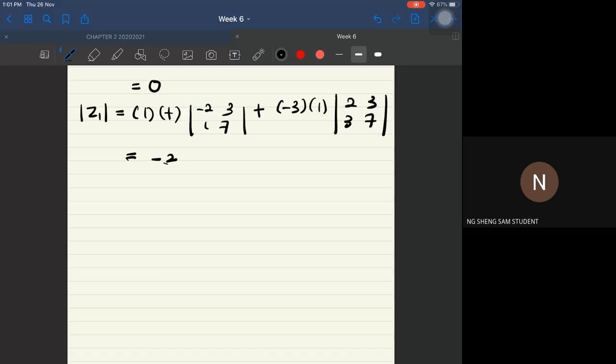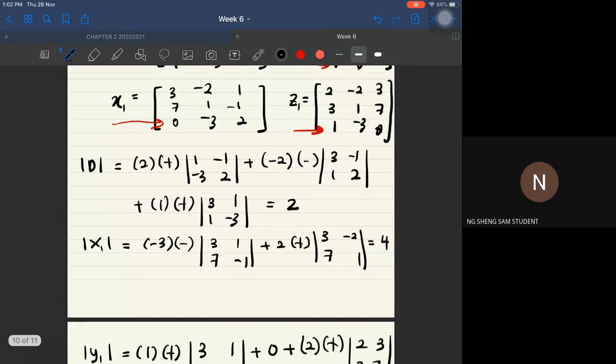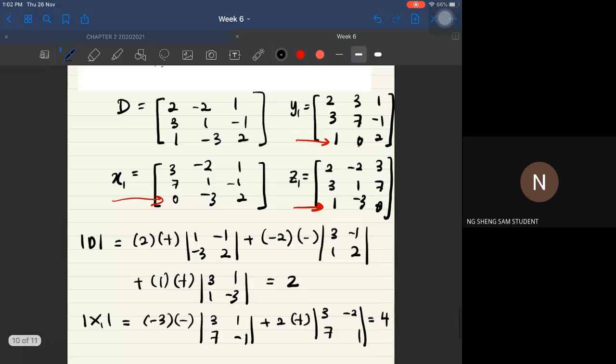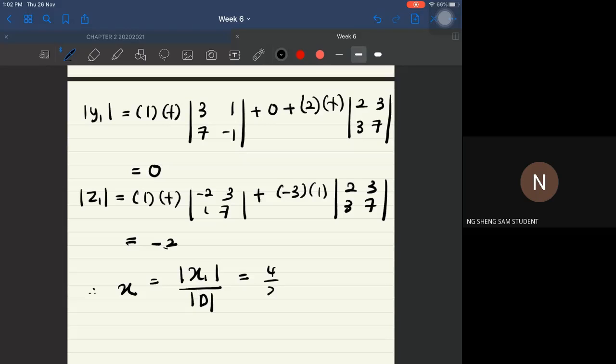Okay. So therefore, what will be my x? So kalau ikut formula, x sama dengan determinant of x1 bahagi dengan determinant of d, which is equals to 4 bahagi 2, sama dengan 2.